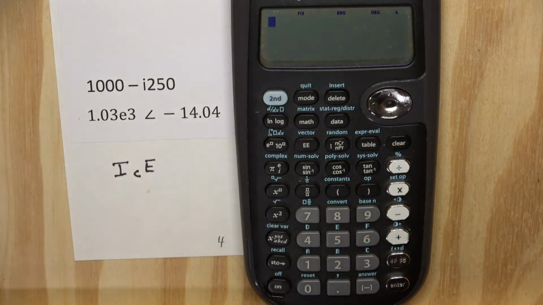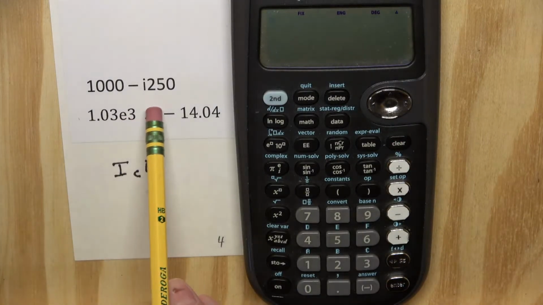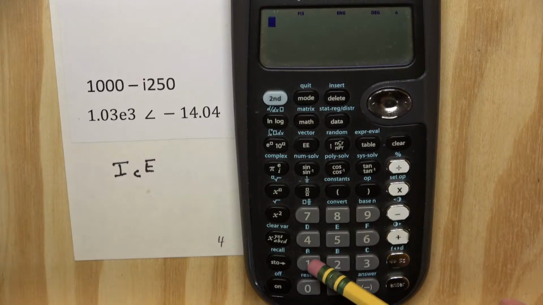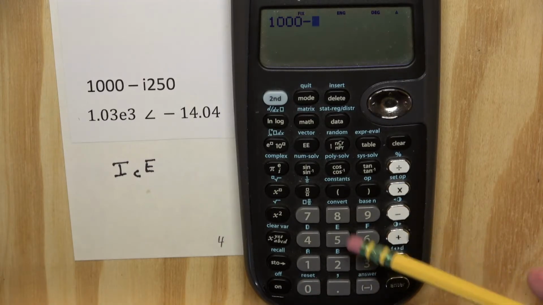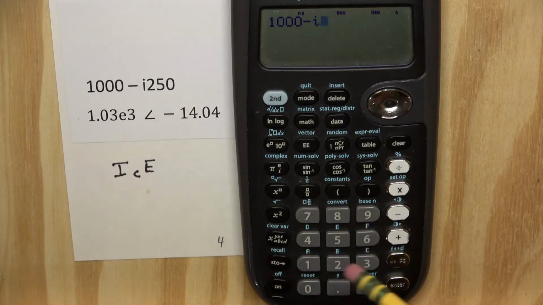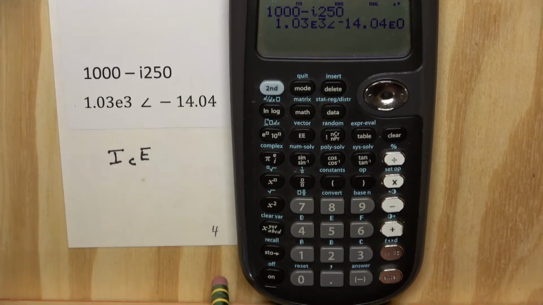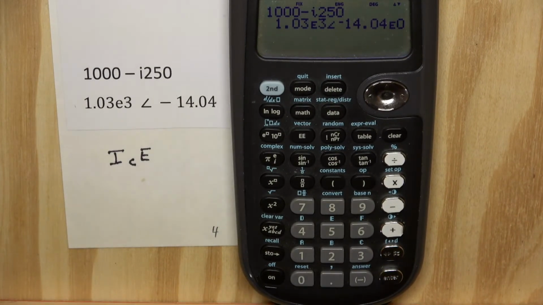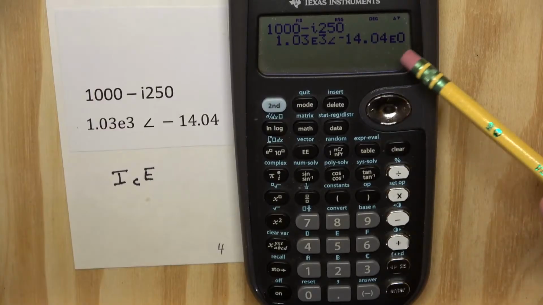Clear always. So 1,000 minus I 250, triple tap the pi key for I, 250, enter. The problem was only asking for the phase angle, so the phase angle turns out to be 14 degrees.